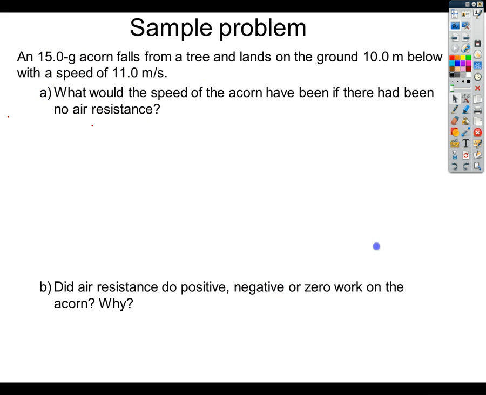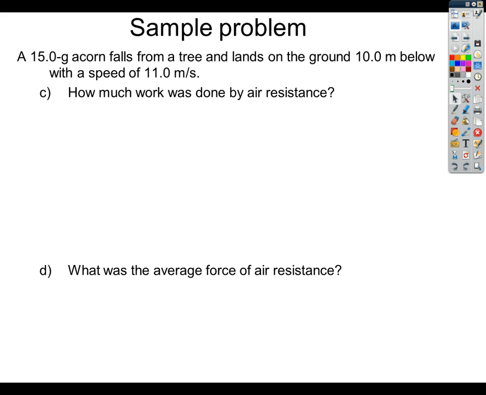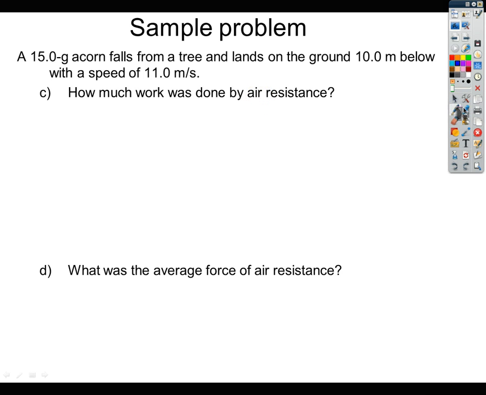The next part of the problem, letter C, asks how much work was done by the air resistance. We know it's going to be negative. We just need to figure it out now. At this point, we're going to say that the net work done on the acorn should be equal to the change in kinetic energy. We can draw our diagram again.